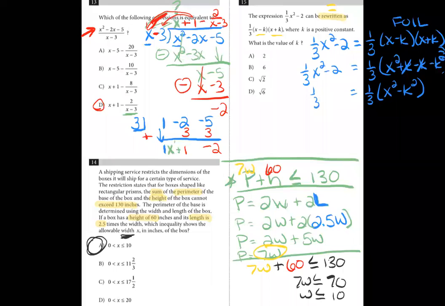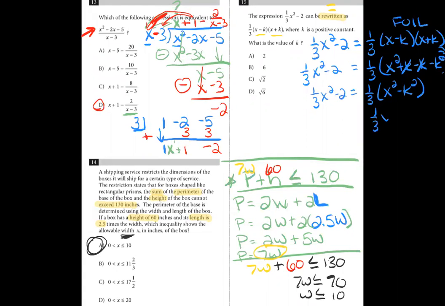If I go ahead and distribute that 1/3 on the right side, that gives me 1/3 x squared minus 1/3 k squared. And now I can move some things around, or I might just automatically look at this and say, hey, I have 1/3 x squared on both sides. Those are going to cancel each other out, right?